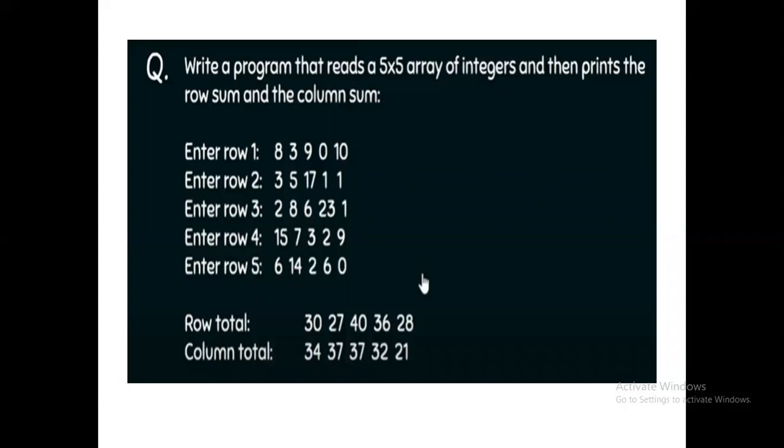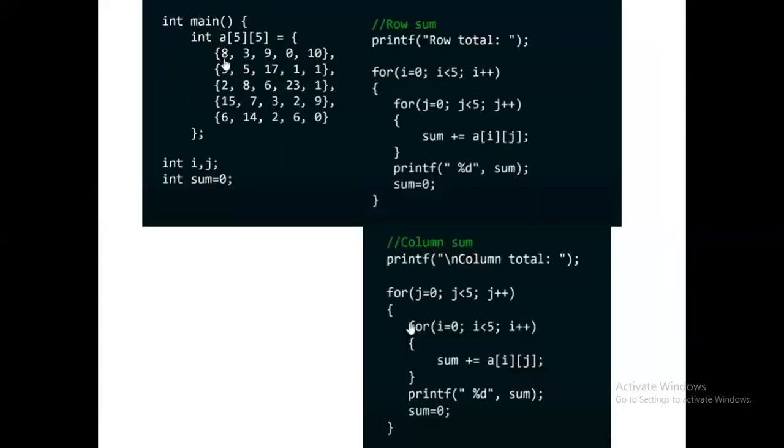So I want the addition of elements in the first row, sum of elements in the second row, third row, fourth row, fifth row, or sum of elements in the first column, second column, third column, something like that. You can see the example, or you can see the program here.